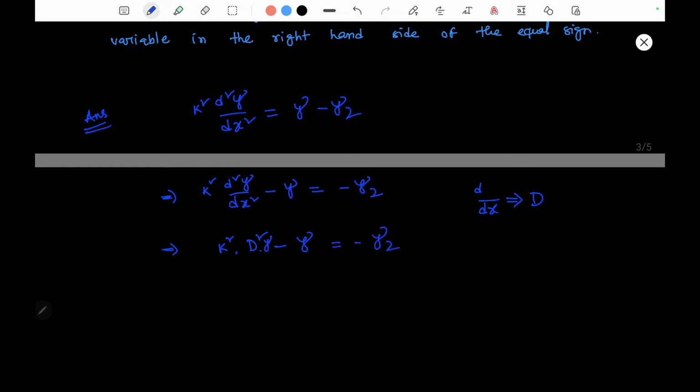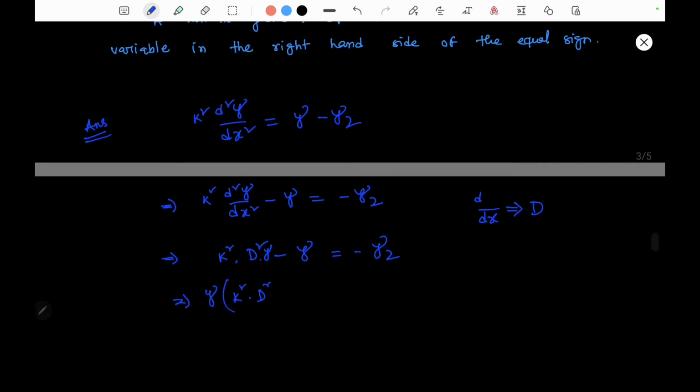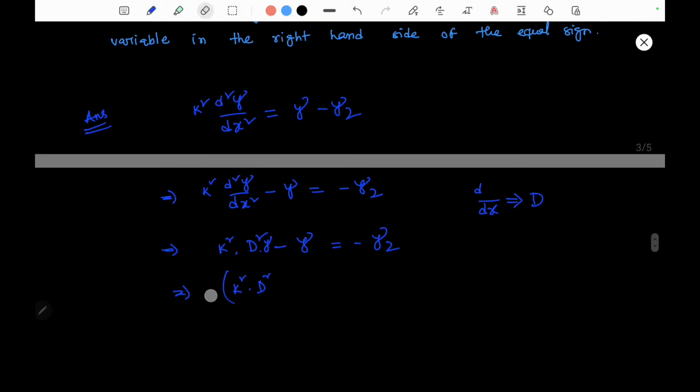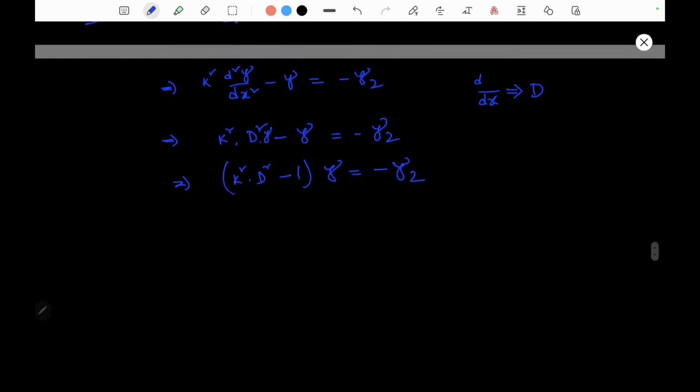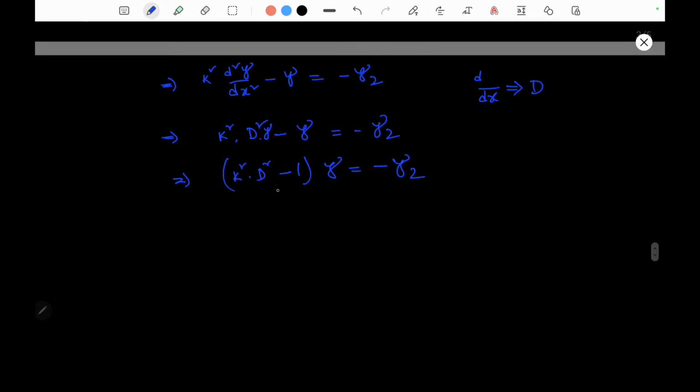Now minus y2. If we take the common y, then we write k square D square minus 1 into y equal to minus y2.